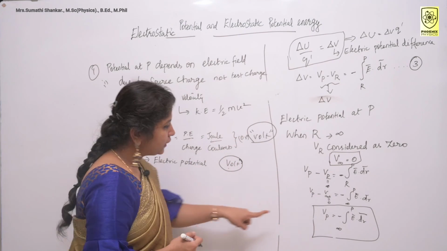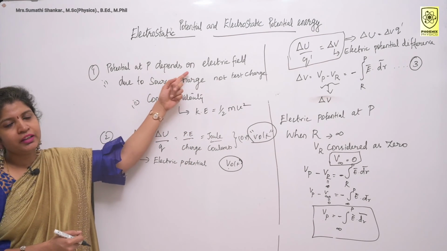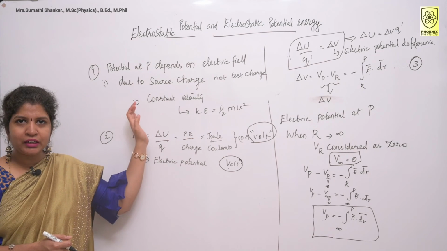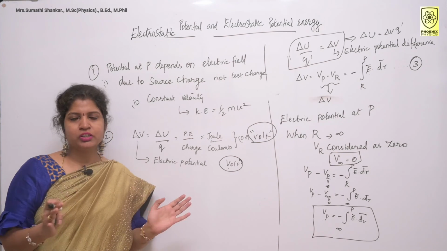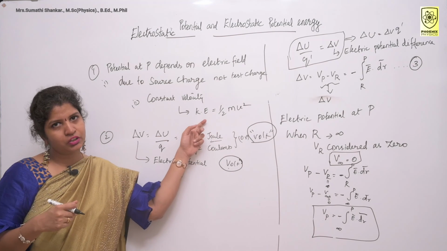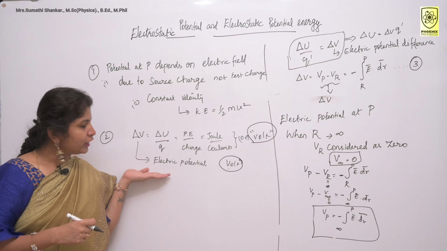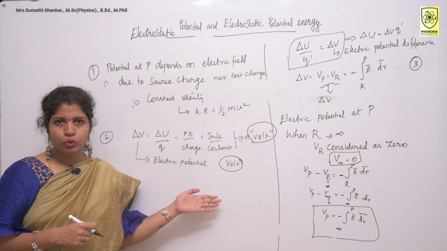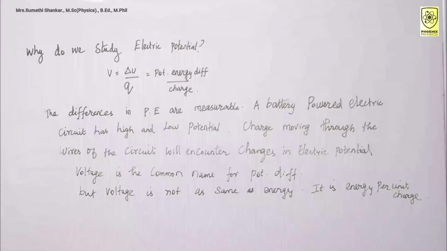First, the electric potential at P depends only on the electric field of source charge, not test charge. Here we maintain constant velocity because we are calculating only potential. If you have variable velocity, we have to include the kinetic energy term also. We also discussed the unit for electric potential. The actual unit is joule per coulomb, but the practical unit for potential is volt.